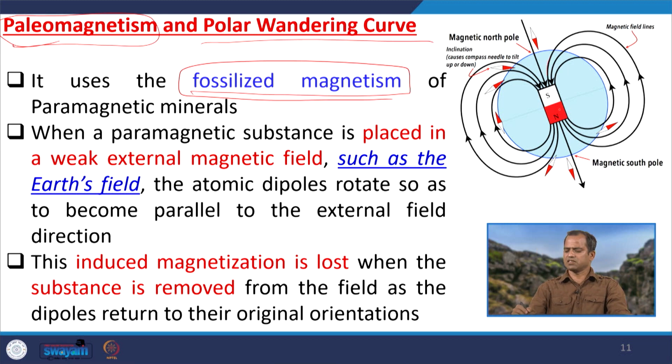Any mineral forming on the surface of the earth, of magmatic or igneous origin, when it cools below the Curie point and solidifies, freezes the existing magnetic field within its magnetic minerals. This direction of magnetization is fixed, and the inclination is proportional to the magnetic latitude where it crystallized.